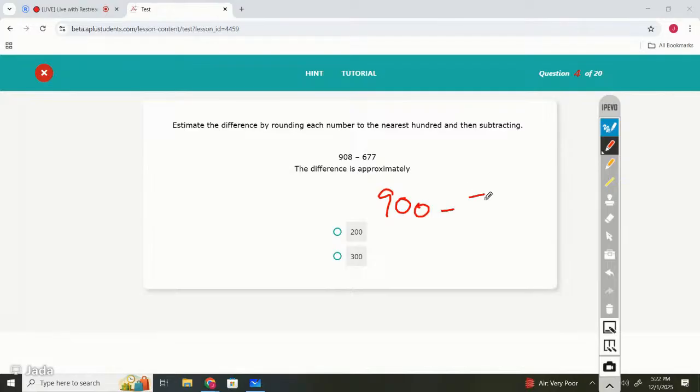And 677 is rounded to 700. So 900 minus 700 equals 200. Option number 1 is the correct option.